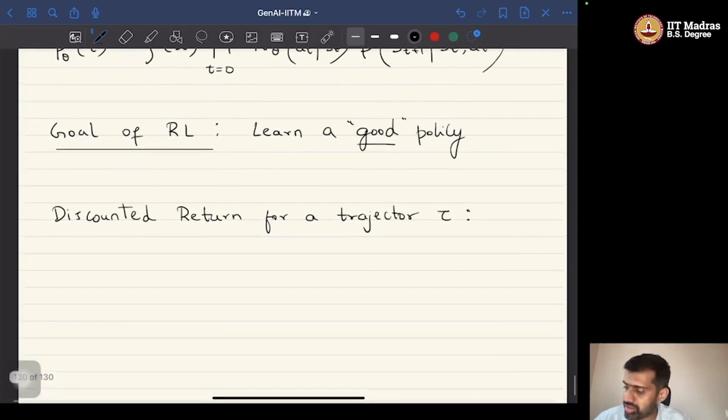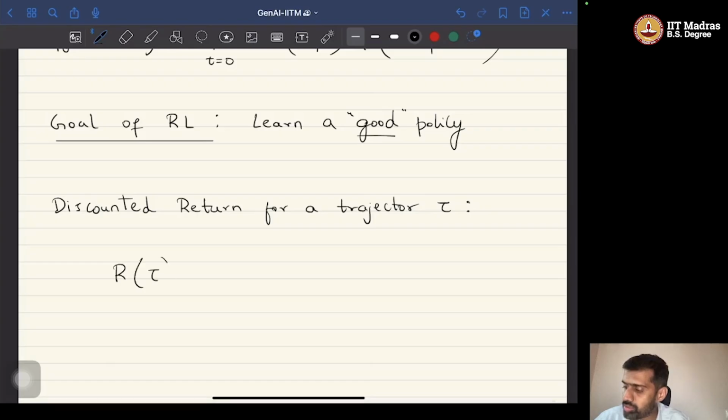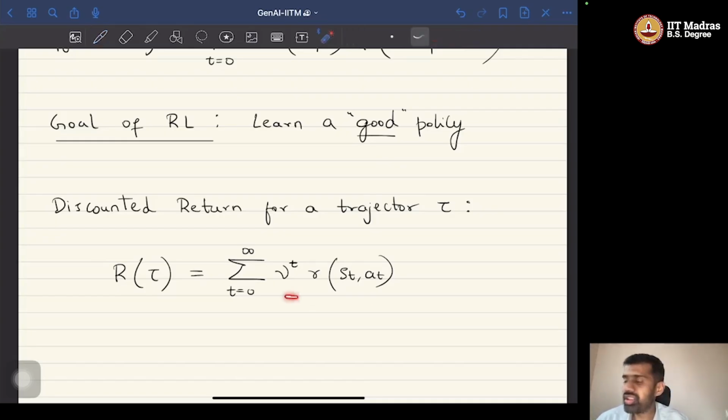It is defined as follows. Let's call this R of tau, given by the sum of all the rewards that we have obtained over the entire trajectory, and this is discounted by the factor gamma to the power t. Now if you look at it, this is nothing but the sum of the reward that the agent has obtained while traversing through that particular trajectory.